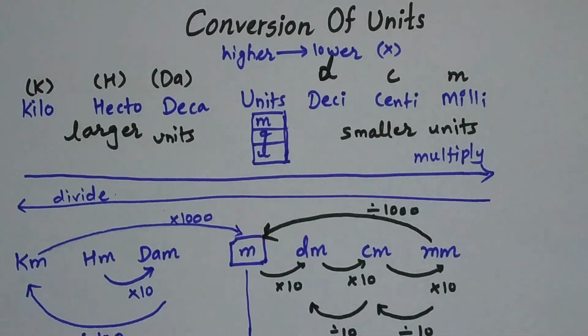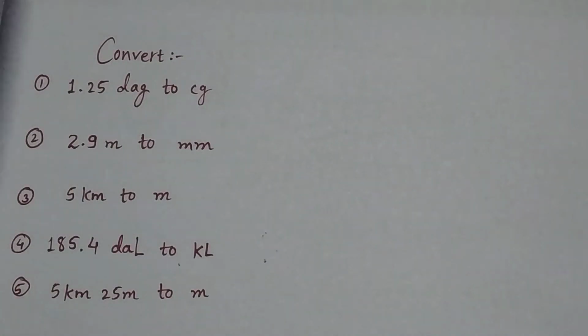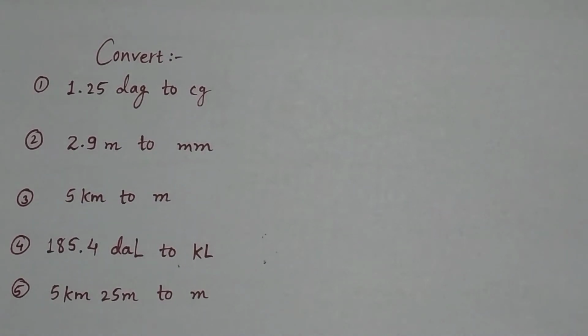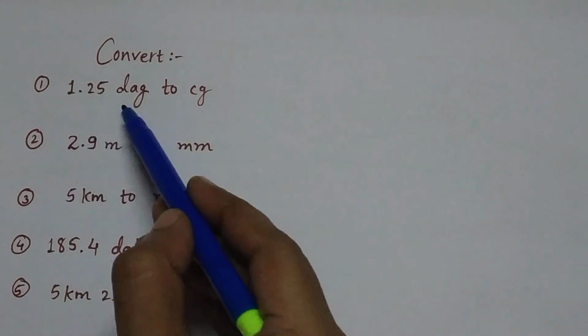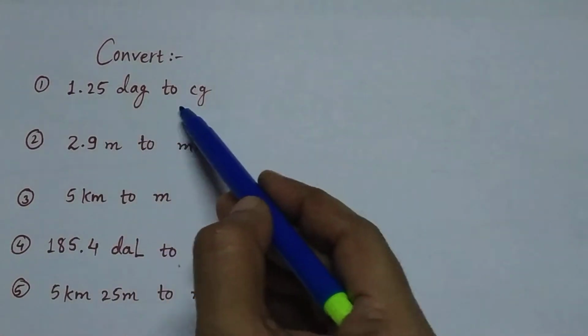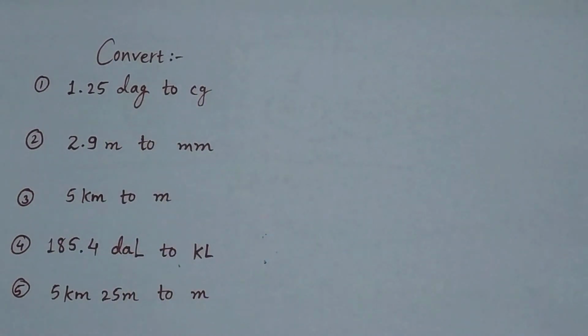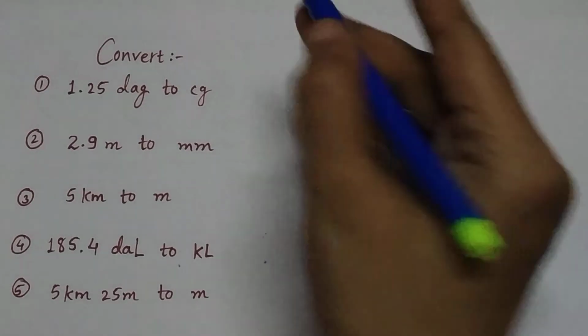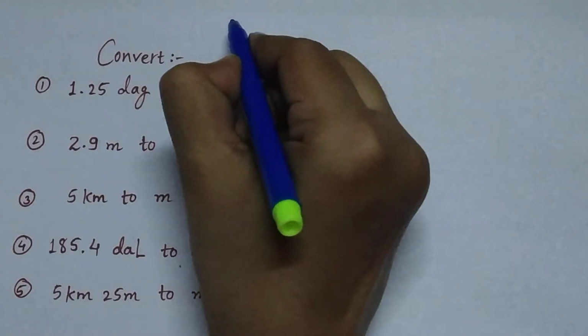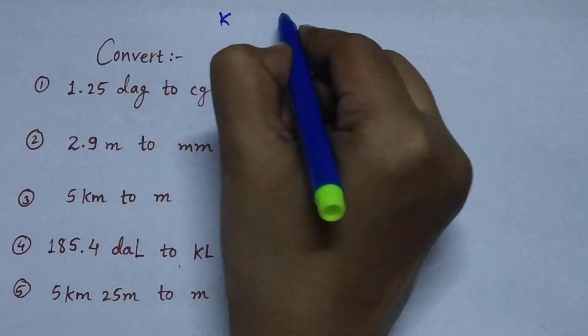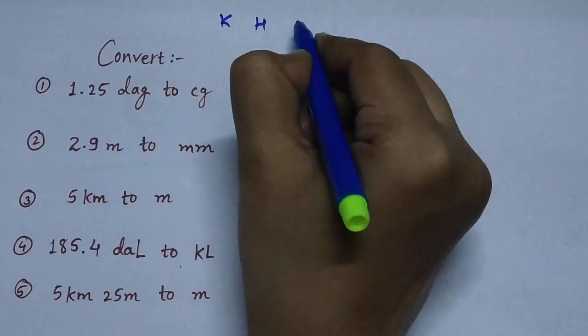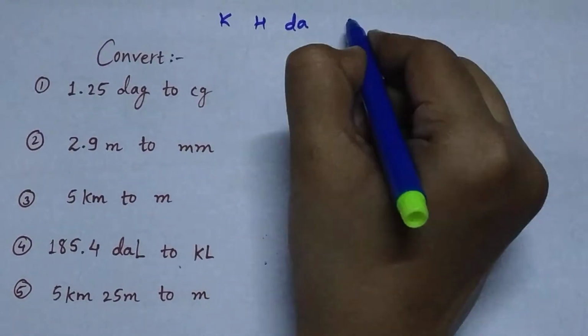Let's see some examples. Suppose you want to convert 1.25 decagram to centigram. Here decagram is larger than the deci. Just again keep in mind, you can draw here also: kilo, hecto, deca.